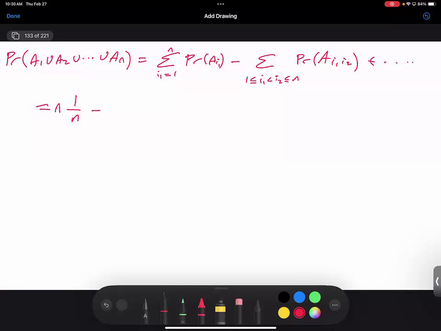Now for the next one, how many ways are there to choose 2 distinct indices from 1 to n? N choose 2. And so now we have minus n choose 2. And each one of these we showed a moment ago was 1 over n times n minus 1. The next one is going to be plus n choose 3, 1 over n times n minus 1 times n minus 2.